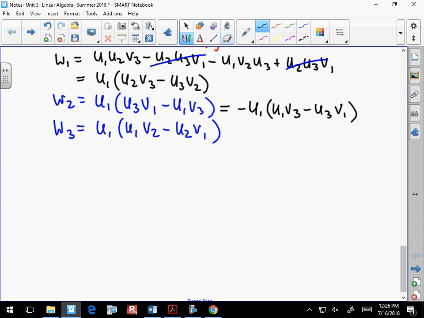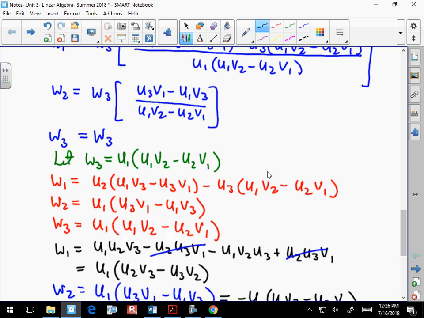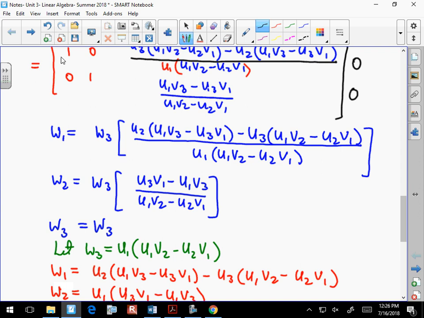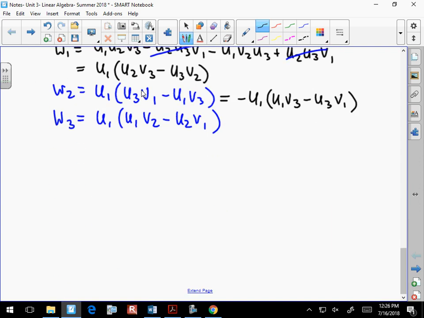Now, how do I make the U1s go to 1? Because if I did, that would be it, right? Well, if I did that, then instead of it being equal to W1, it'd be equal to something else.